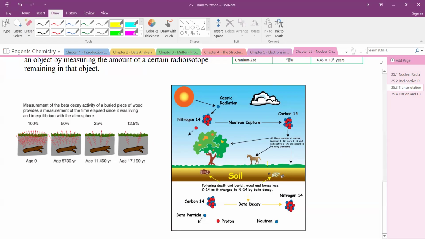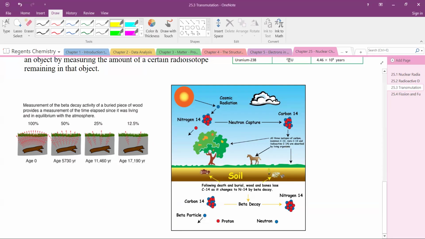So once it's in an organism, it's got a certain amount in that organism. And maybe we expect 1% of all of the carbon in a living organism to be carbon-14. Well, when that organism dies, it stops replenishing its carbon-14. And so the carbon-14 decays by beta decay.